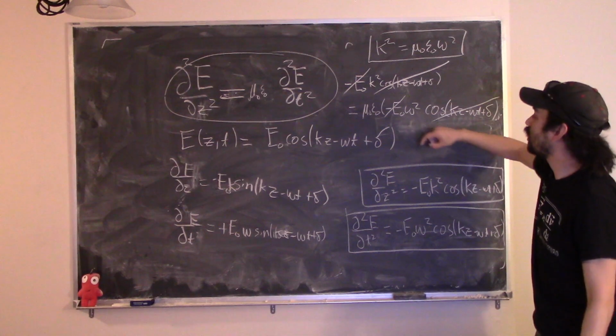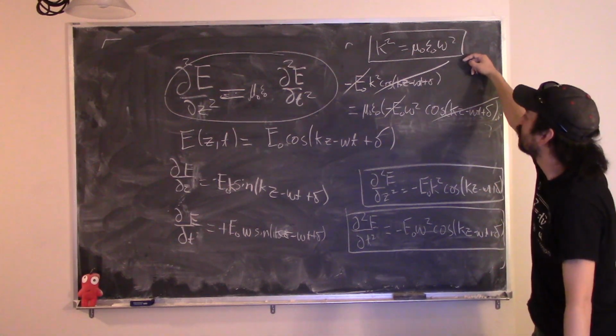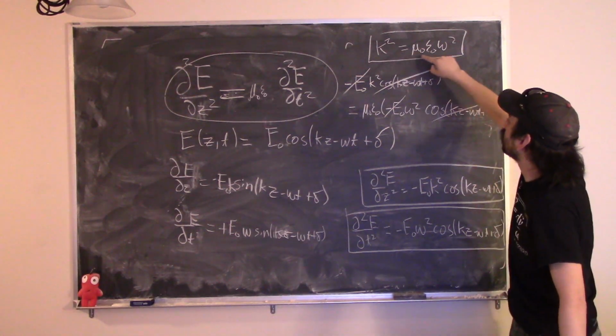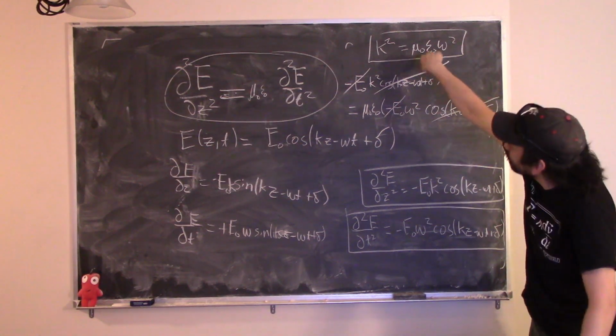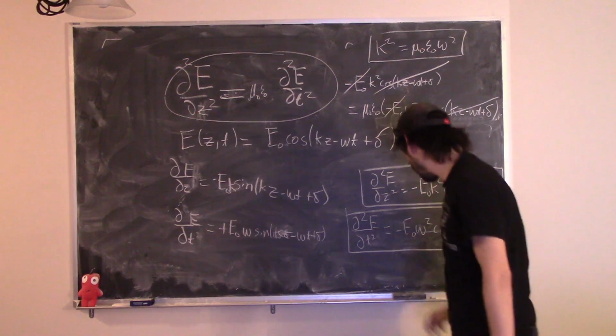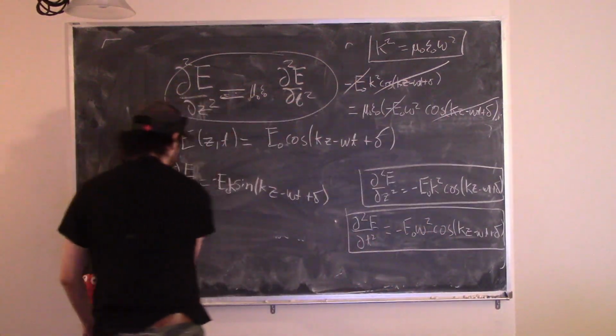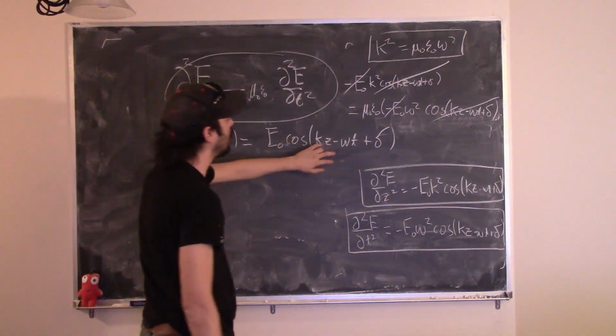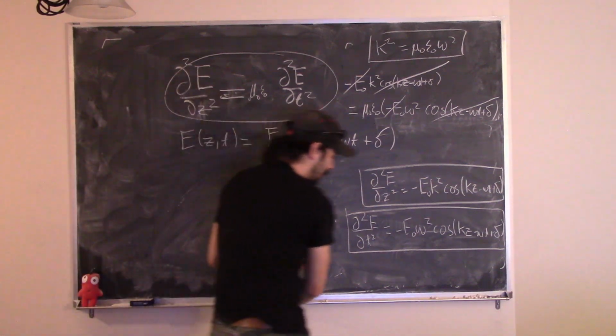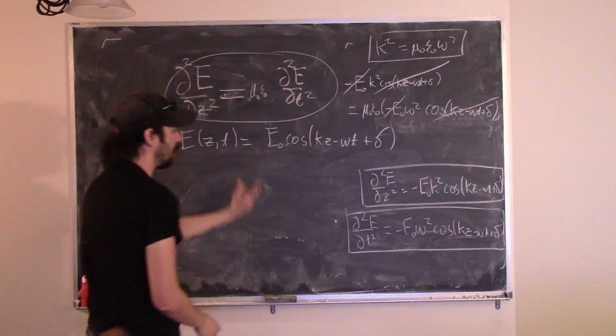So in order for this to satisfy the wave equation, k squared is equal to mu naught epsilon naught times omega squared. And you can walk this back a little bit further, and I didn't really have time to do this, to talk about dimensionally what k and omega are. Well, k should have units of 1 over length.